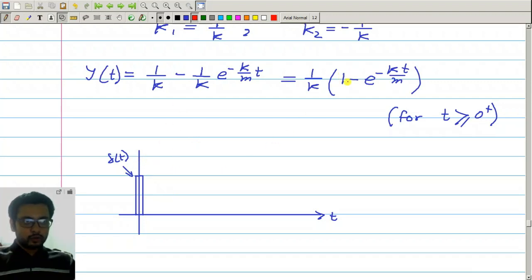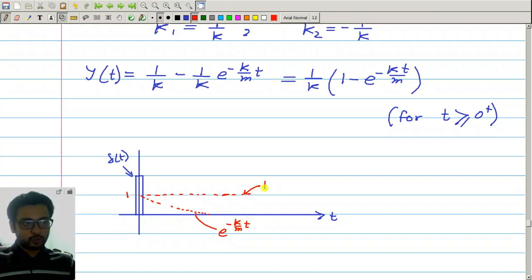So we have 1, which looks like this. Then we have e to the power minus k by m t, that will be an exponentially decaying function like this. So this is e to the power minus k by m t.